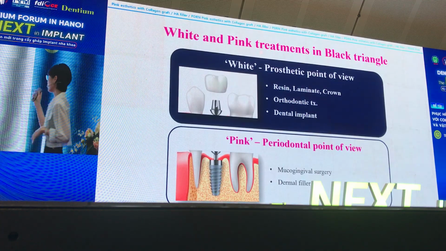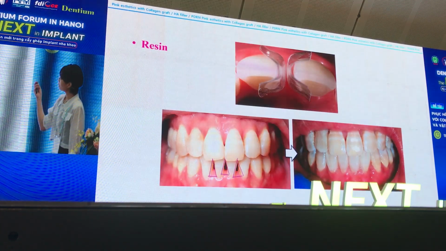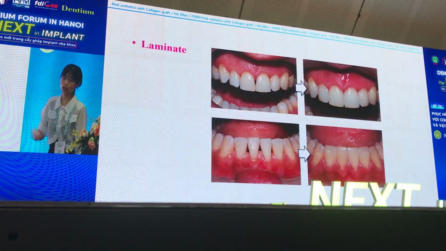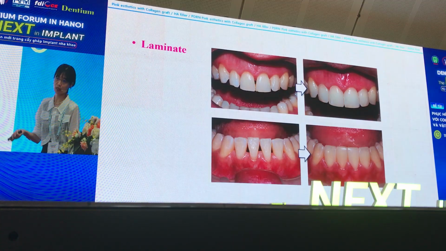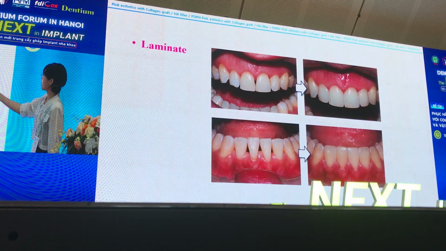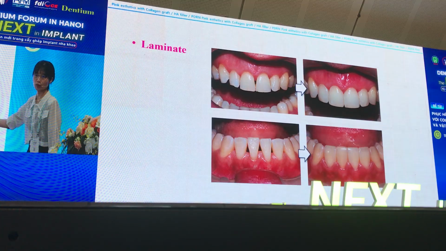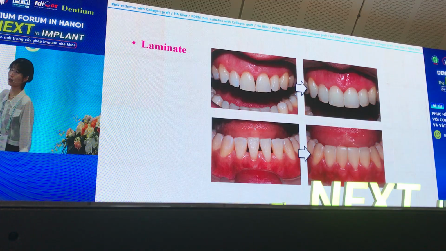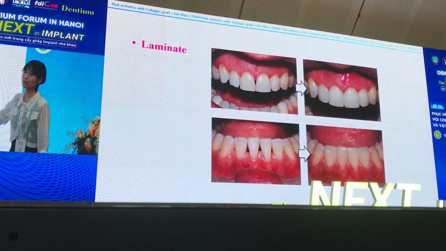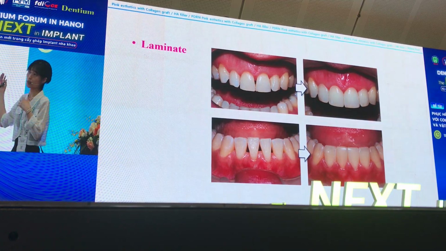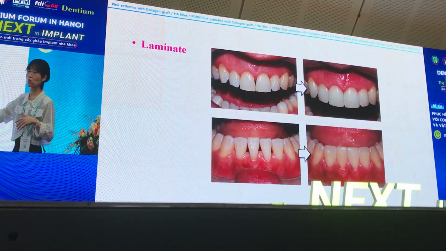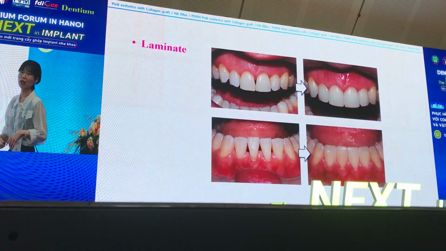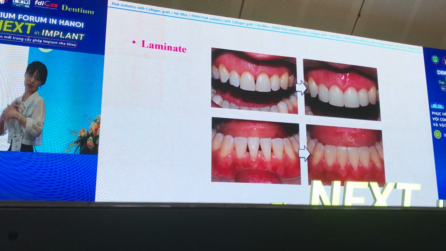So many dentists want restorative treatment like resin or laminate, right? But in that case, it can cause gingival inflammation because they block the interproximal part with the restorative materials. So it can cause gingival recession and inflammation, and also more bone resorption, making an even bigger triangle. So it's a vicious circle, right?